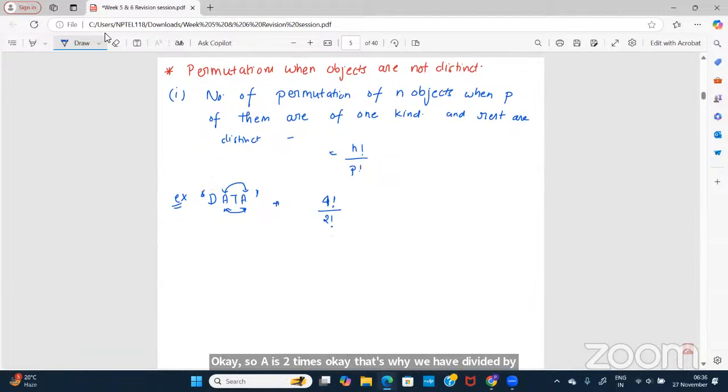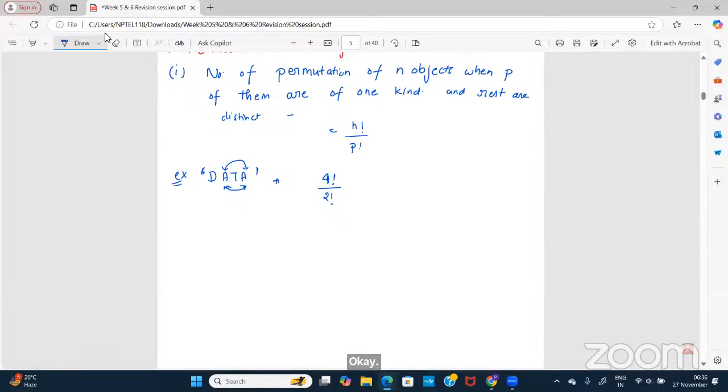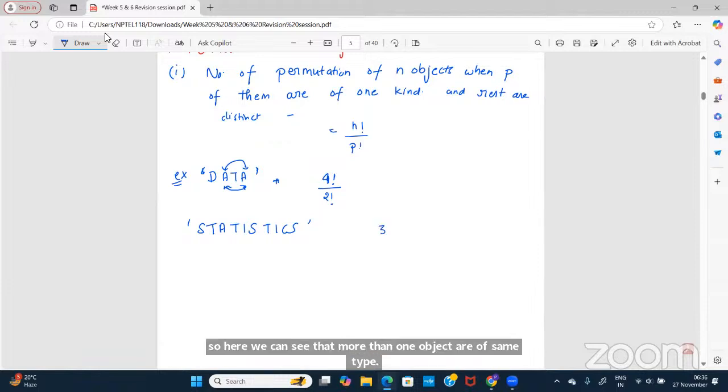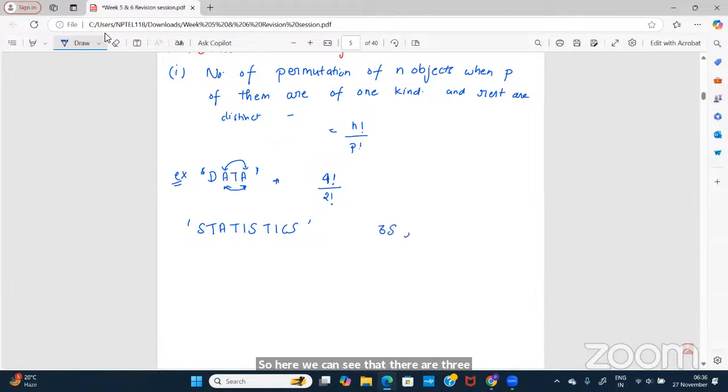Now suppose we have the word statistics. Here we can see that more than one object is of the same type: there are 3 s, 3 t and 2 i. Similarly we can extend this formula.